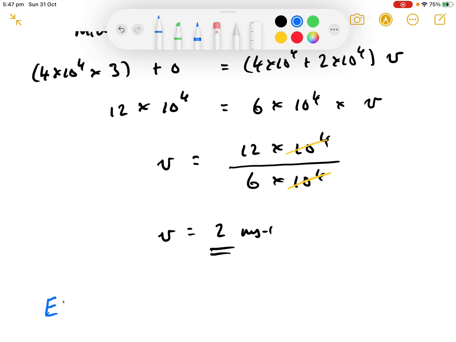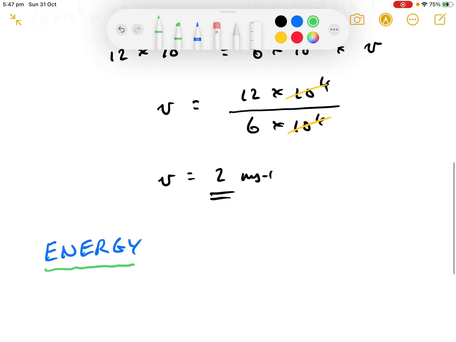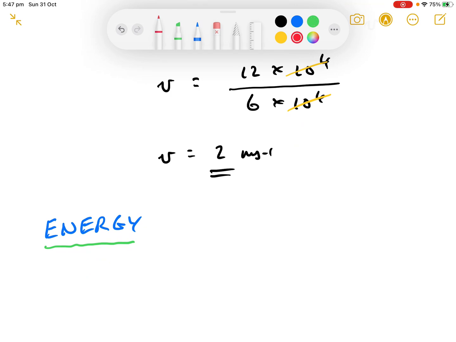Right, so far that's just standard conservation of momentum. Now let's have a look at the energy involved in this interaction. Well, first thing to say is that total energy is conserved.